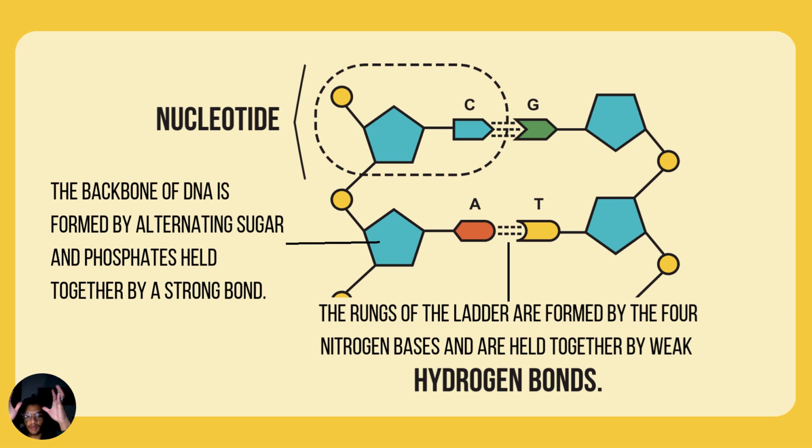As we said, DNA is made out of a double helix structure. One strand will have a separate strand of nucleotides, and another strand will have another separate strand of nucleotides, and each strand is held together by a sugar phosphate bond.